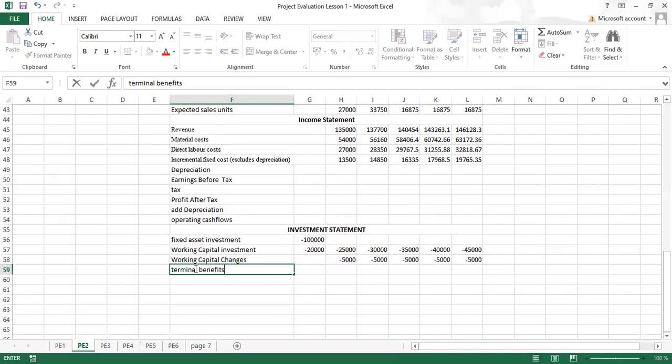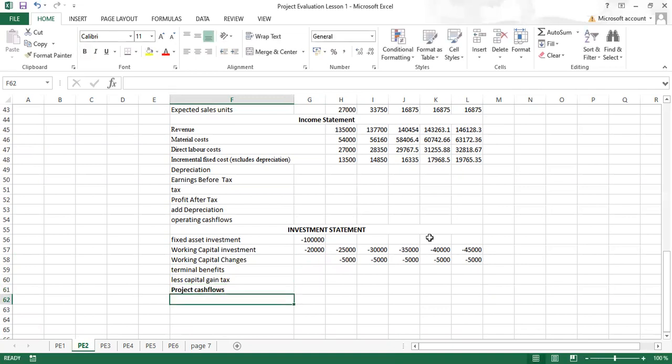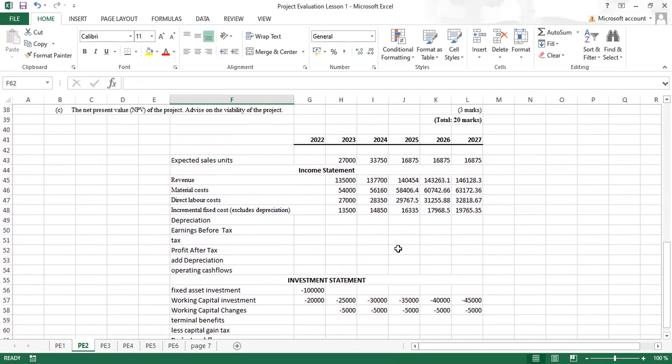I know you are familiar with this term. And now we were told about capital gain tax, had forgotten. Then from there we get the project cash flows. Now we come to do the depreciation.